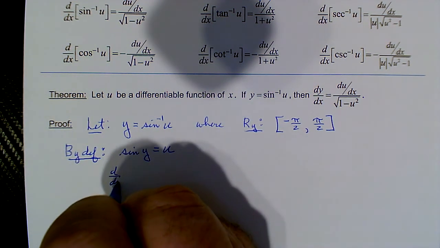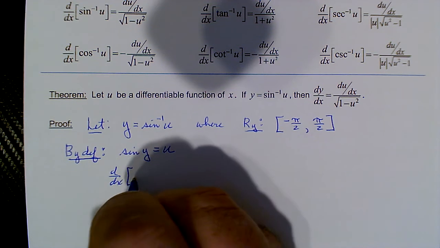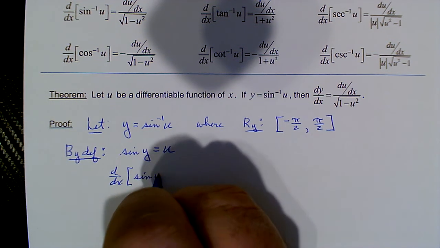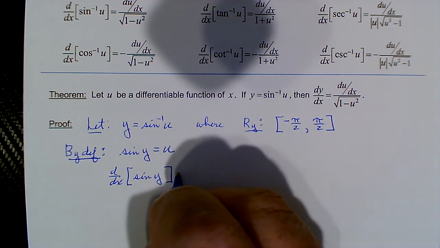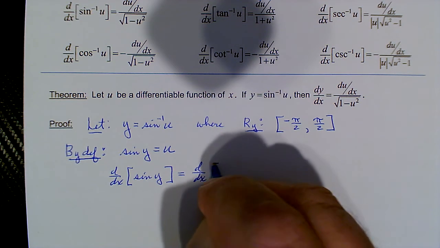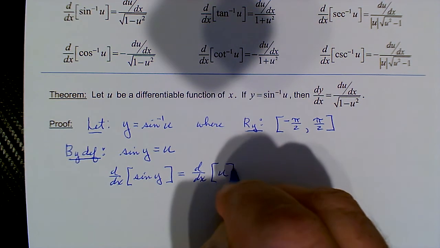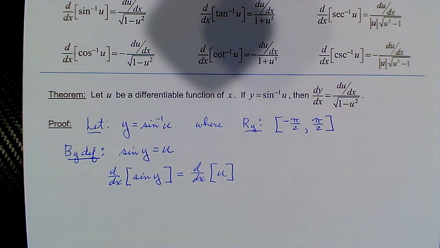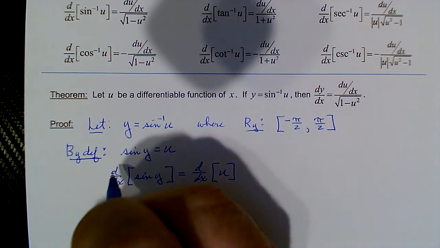So I'm going to throw this d dx notation in front of each side. Remember, if you're going to use this, it is optional, but if you are going to use it, make sure it's in front of the term, because it's a differential operator. It's not like we're multiplying by d dx.